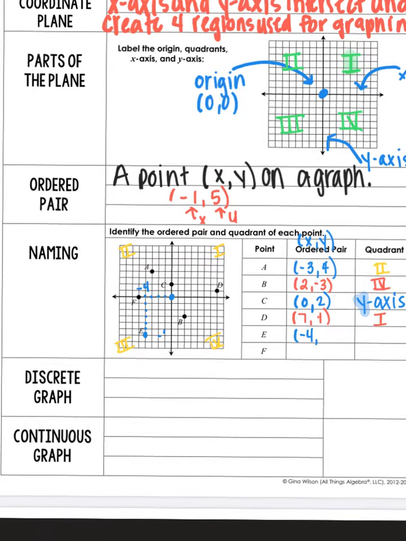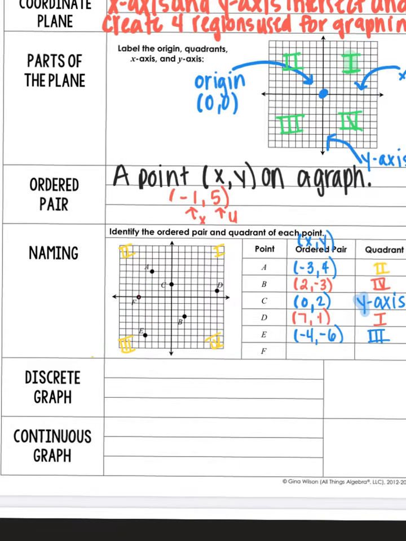So I go down to -6, which lines up with -6 on my y-axis. And this is down here in the bottom left-hand box, which is quadrant 3.